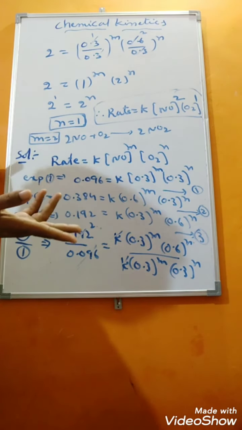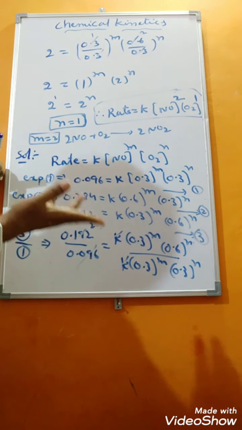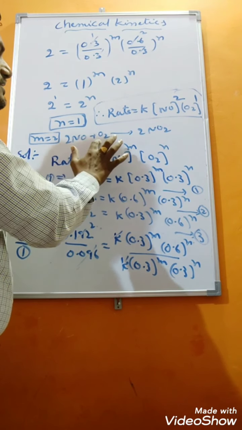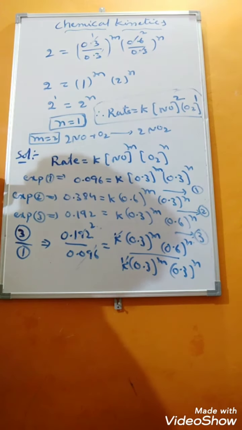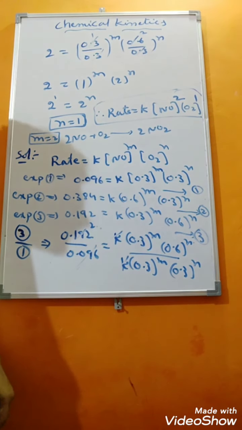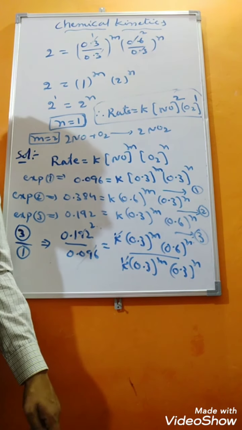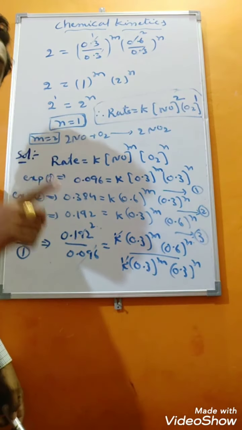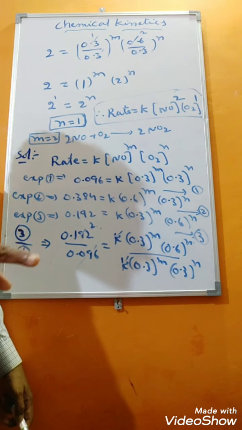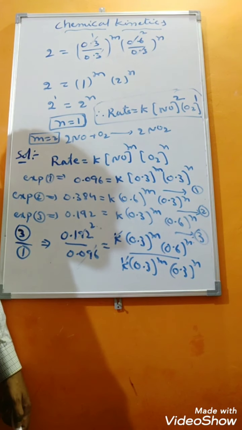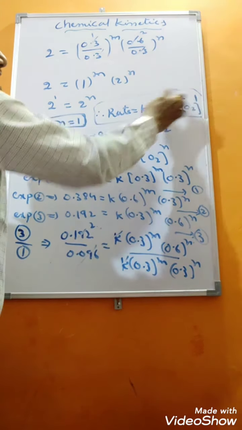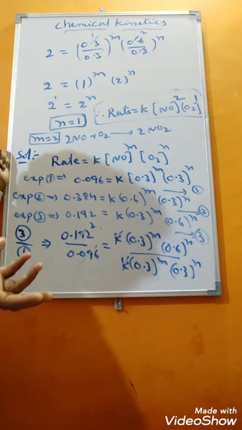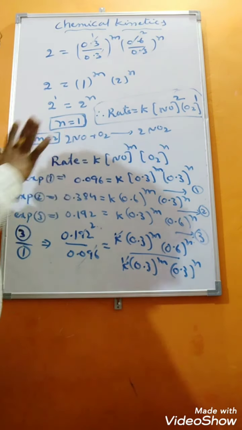What is the difference, sir? You may ask a question here. Yes, correct. You are correct. But in all the cases, the stoichiometric coefficients will not become the exponents in the rate expression. That I told you very clearly while writing the rate law or rate expression: these exponents may or may not be the same as the stoichiometric coefficients of the balanced equation.